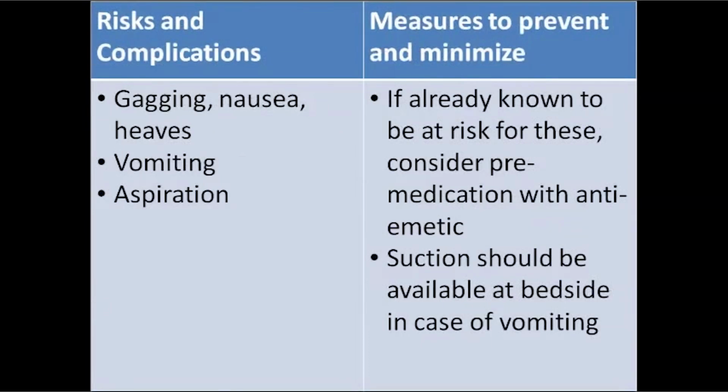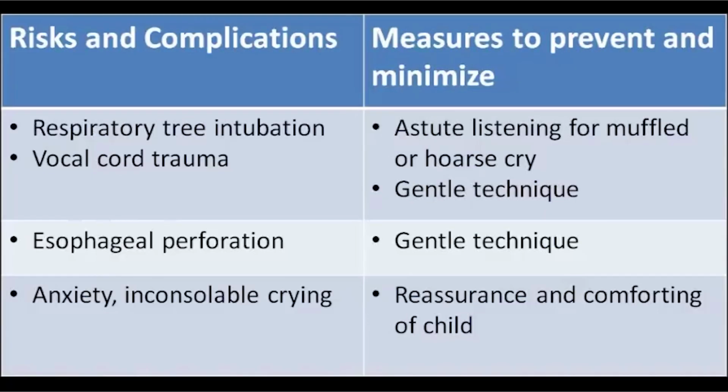Other risks and complications include gagging, nausea or heaves, vomiting and aspiration. If already known to be at risk for these, pre-medication with antiemetics should be considered and suction should be available at bedside in case of vomiting. Further risks and complications include respiratory tree intubation or vocal cord trauma.